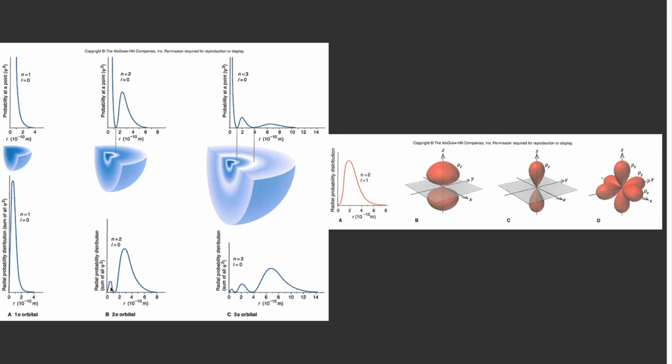When the electron is in this inner lobe, it's held more tightly by the nucleus, and so the 2s orbital has a lower energy because the electron feels the full nuclear charge. The effective nuclear charge is slightly larger for the 2s orbital than it is for the 2p orbital because of this penetrating lobe. And for the 3s orbital, it's even more important because the charge on the nucleus is going up as you increase the principal quantum number.